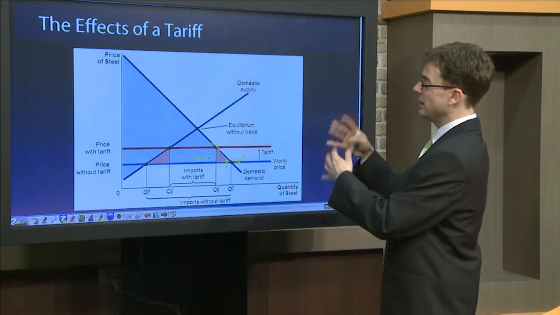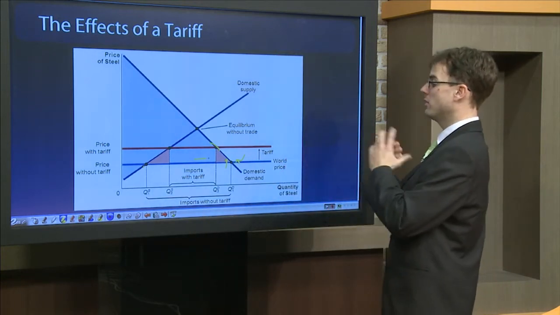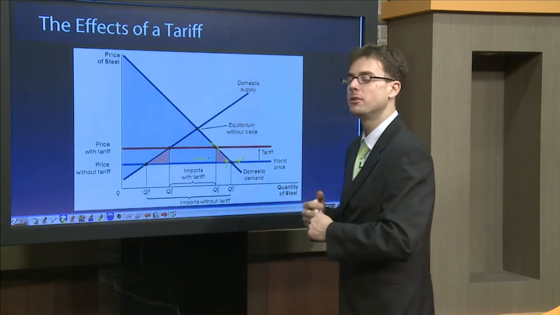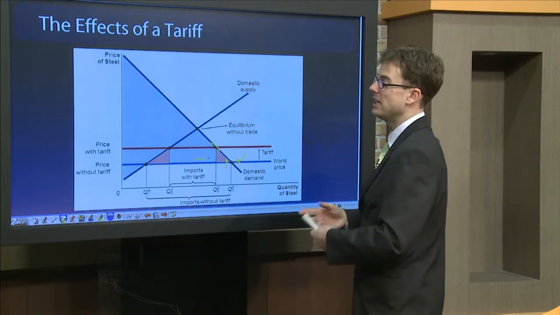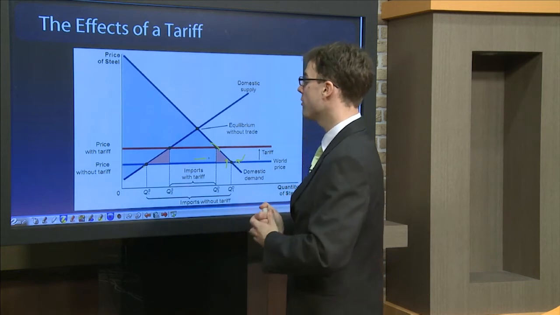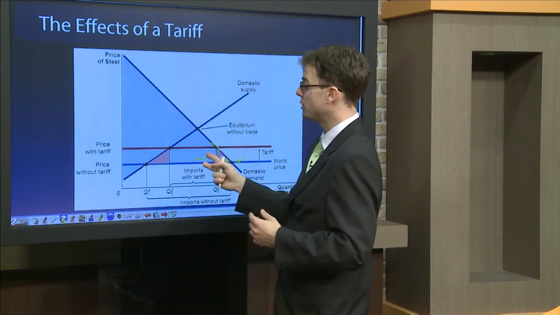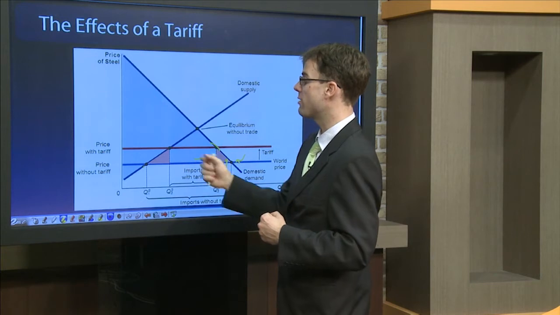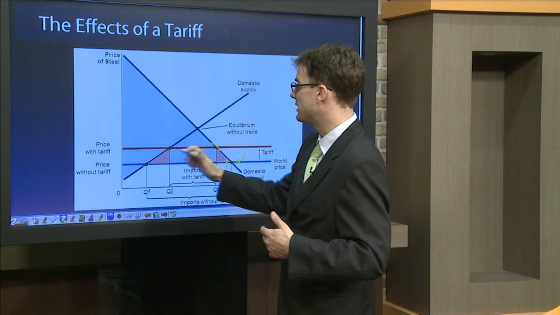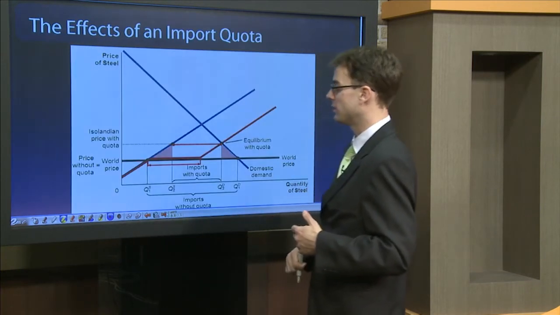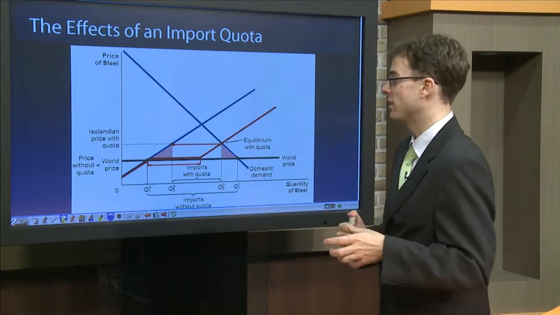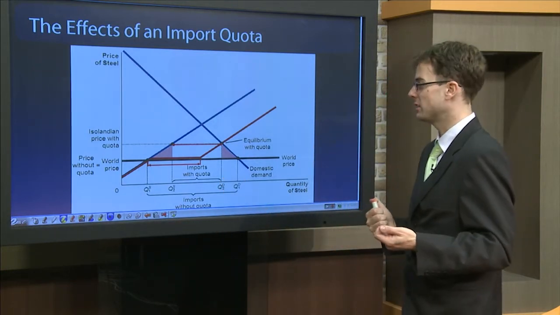So to summarize, the results with a tariff on imports are the same as the results of taxes in any kind of market. They result in redistribution of welfare. The government can choose to give these tariff revenues to either producers or consumers. But there is inefficiency caused because the amount of market activity falls when the government intervenes.